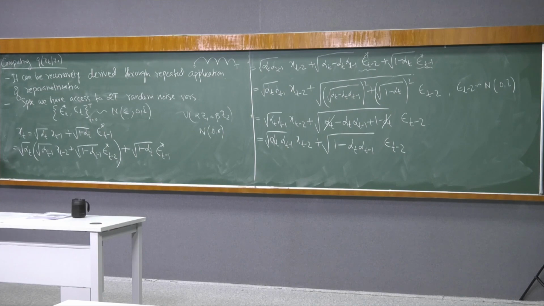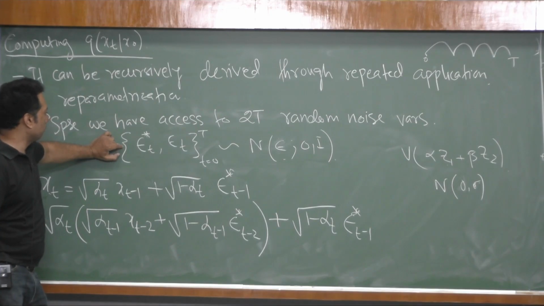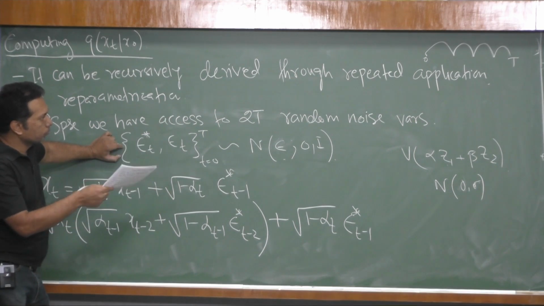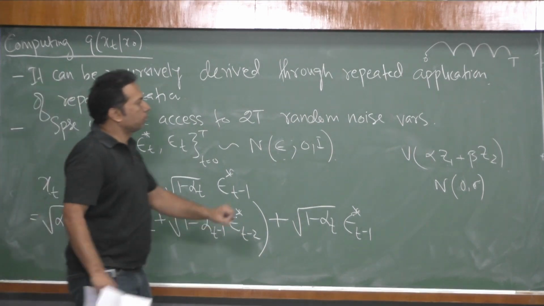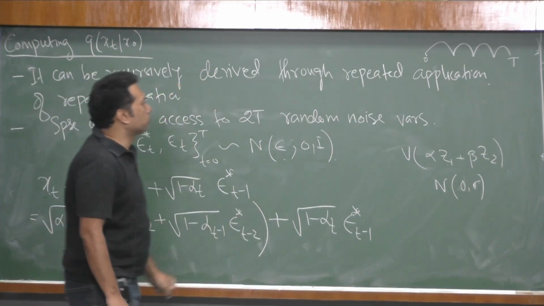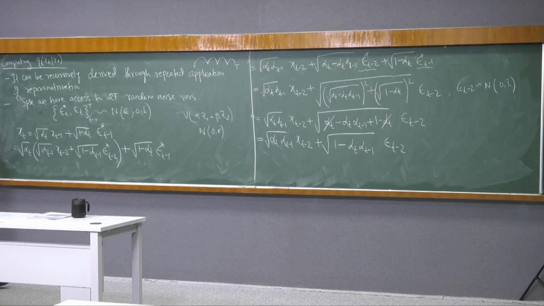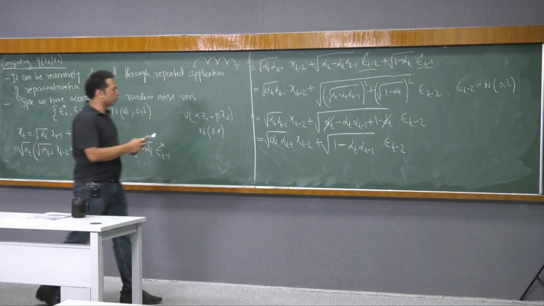So you're right, I have taken access to them. This comes for free, so I don't mind having them. But if we want to be more specific, then maybe we can say that epsilon star t minus 1, and maybe at some step we will need epsilon star t minus 2. Yeah, some are not used. Okay, I agree, they will never be used.